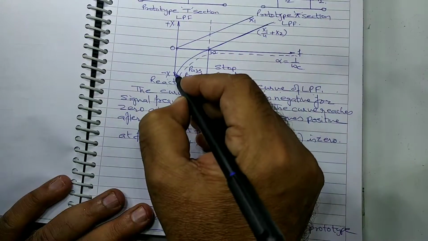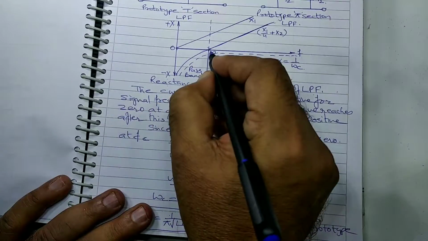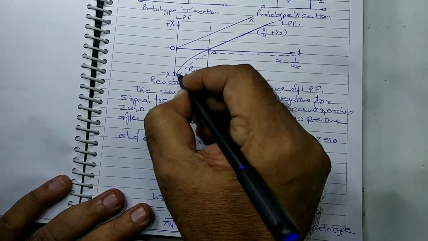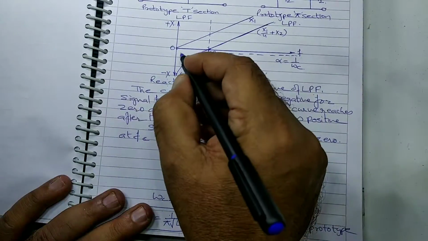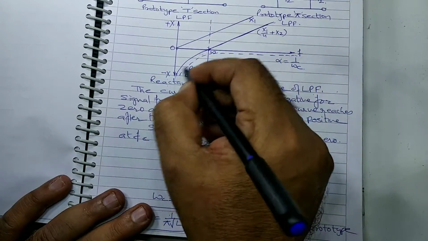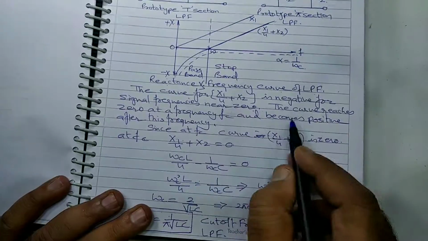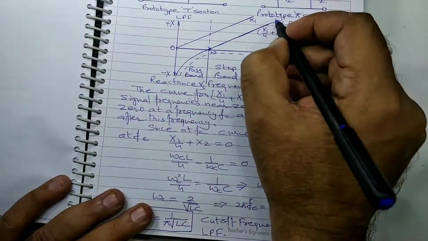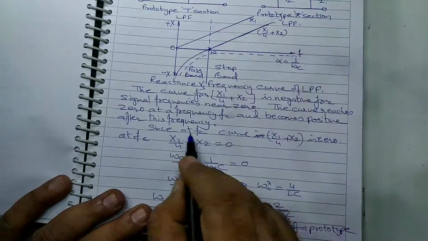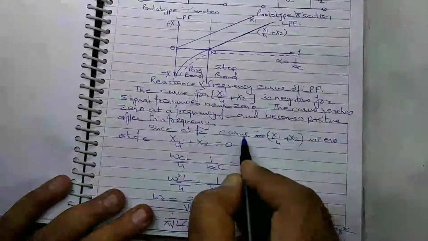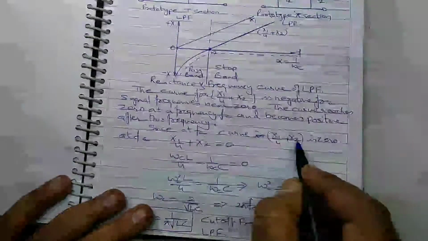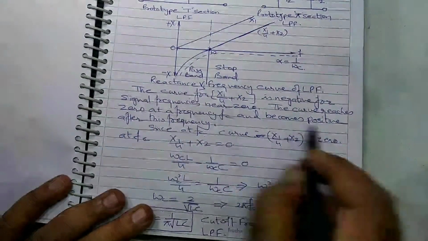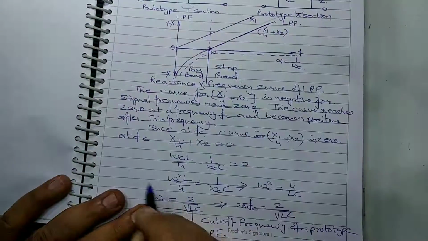So near 0, the curve is negative, going below to minus X. So this is negative and becomes positive after this frequency. Since at Fc, the cutoff frequency, the curve X1 by 4 plus X2 is 0.